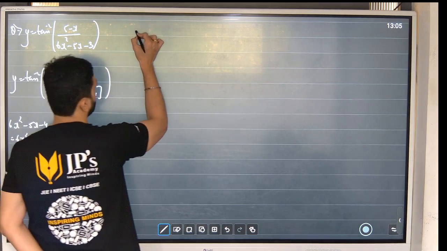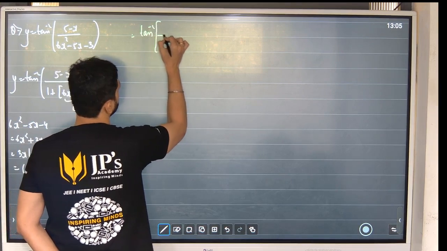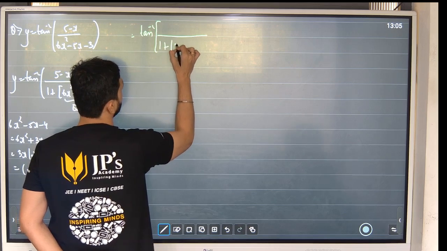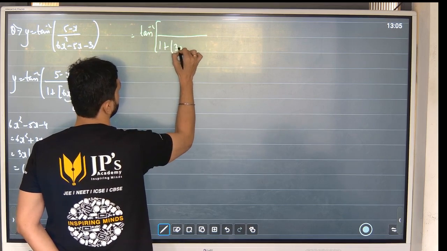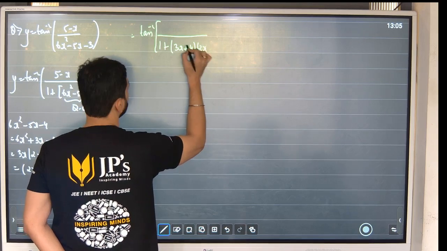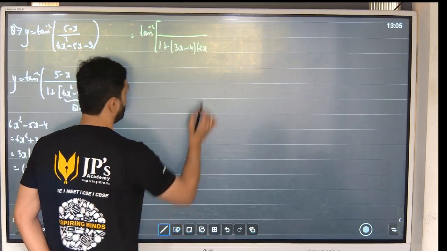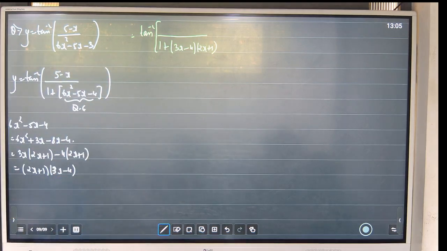So let me write it. Tan inverse of 1 plus (2x plus 1)(3x minus 4). Can you tell me how will I write the numerator?